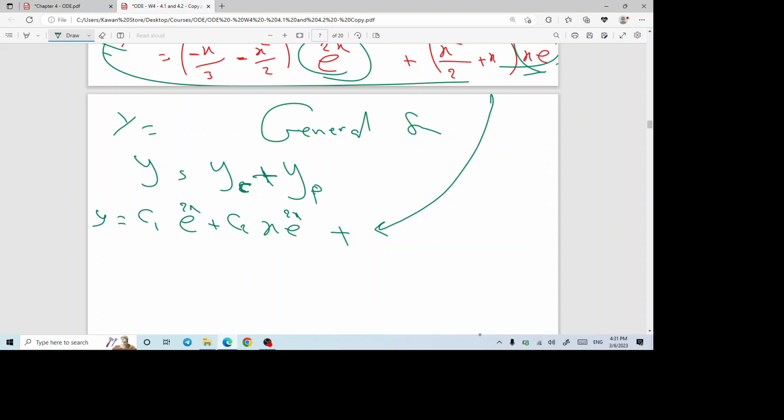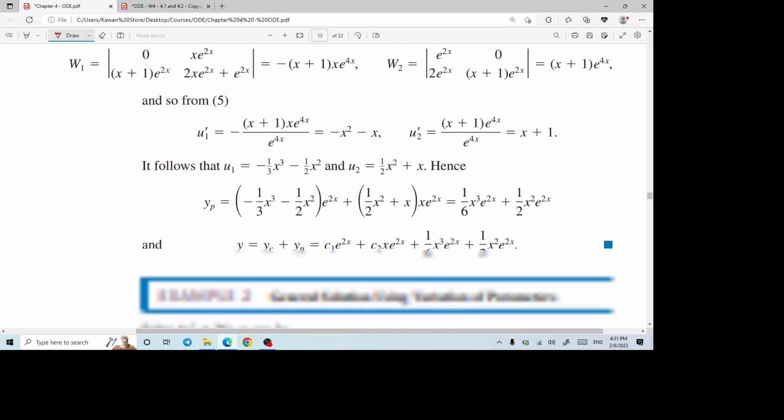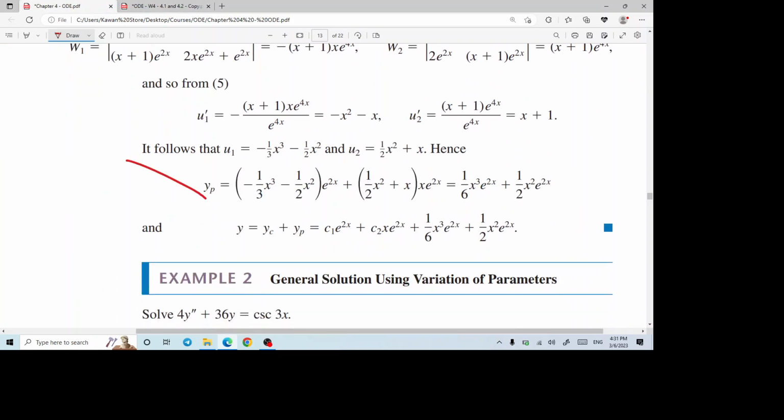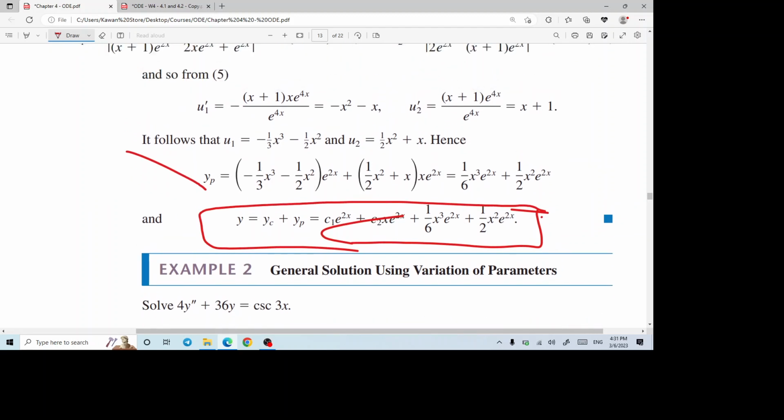Clear, dears? So can you solve that one for me? Here's the whole solution, yc and yp. Just find yc, kindly. Yalla, just find yc.